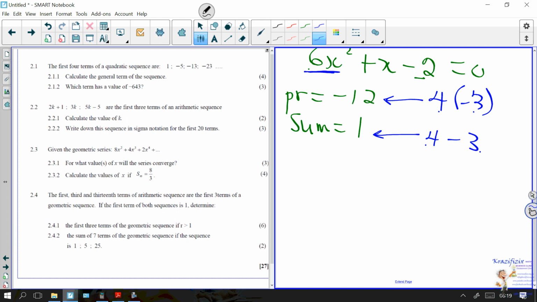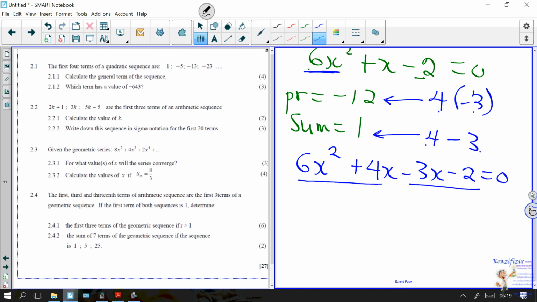Guys, once this is not 1, you can simply do this to make your life easy. I'm going to now say 6x squared plus 4x minus 3x minus 2 equals 0. What's common on this side? 2x is common. What do I have? 3x plus 2. What's common here?